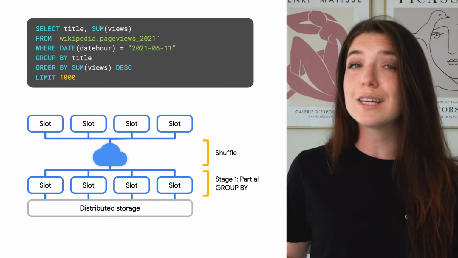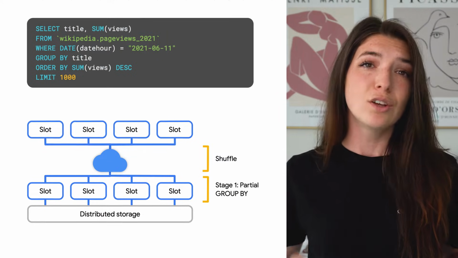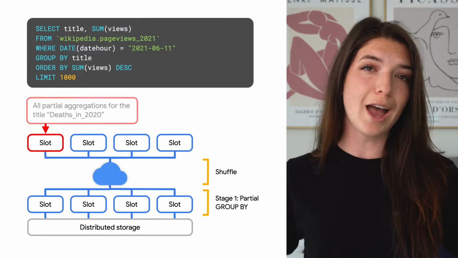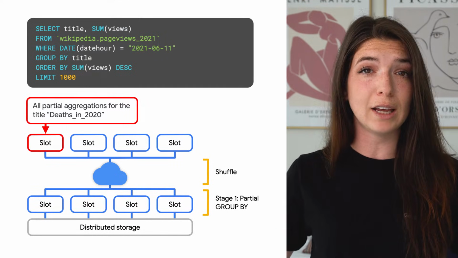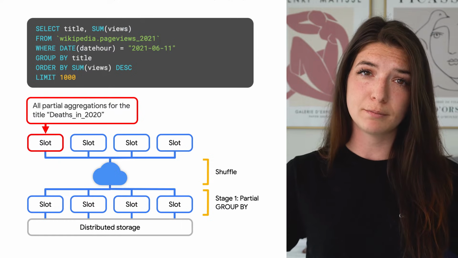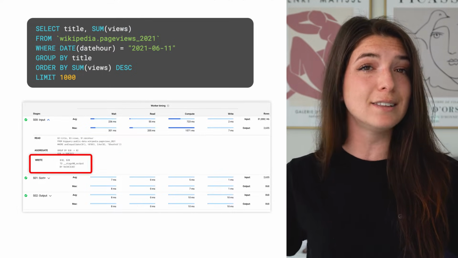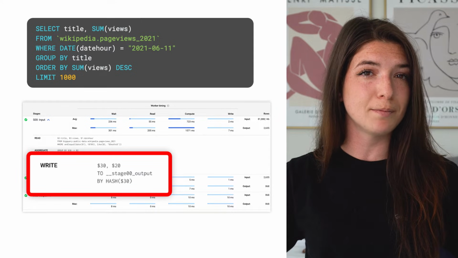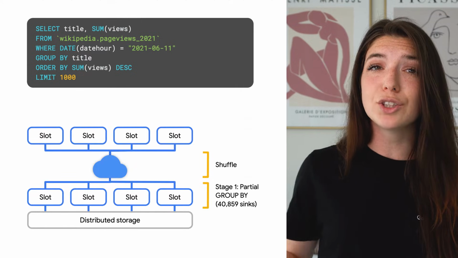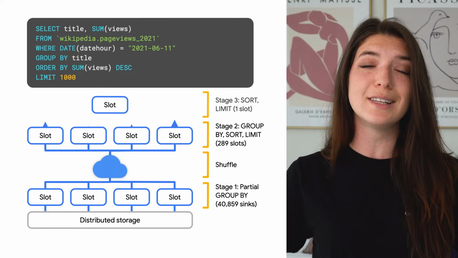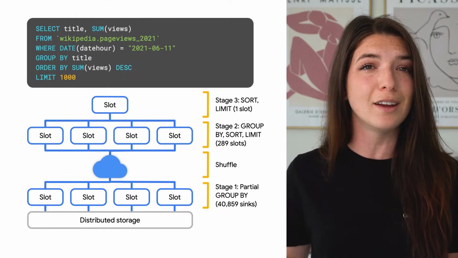We often refer to this as shuffling. So in this query, all partial aggregations for the same wiki title end up in the same slot. And we can see the shuffle step happening in the second stage of the execution details. Further aggregation occurs, and the final result is then passed along to the last slot, which limits the results.